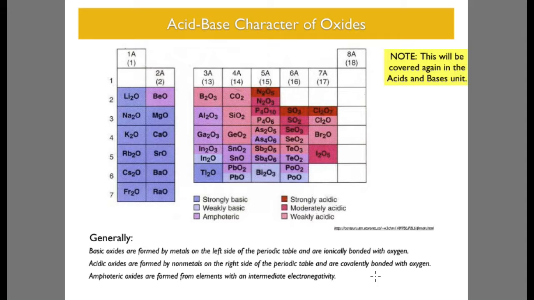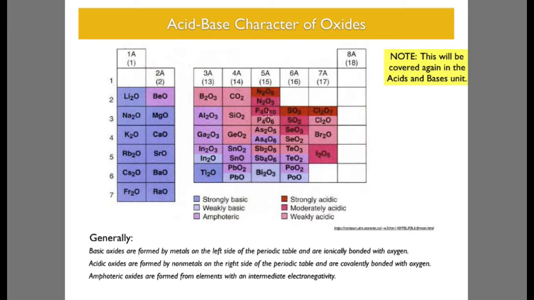Have a look at this table. You can see the acid-base character of oxides. Basic oxides are formed by metals on the left side of the periodic table and are ionically bonded with oxygen. So you've got all of these lilac coloured oxides which are strongly basic. Then the acidic oxides are formed by non-metals on the right side of the periodic table and are covalently bonded with oxygen.